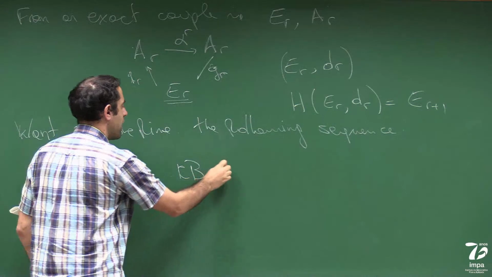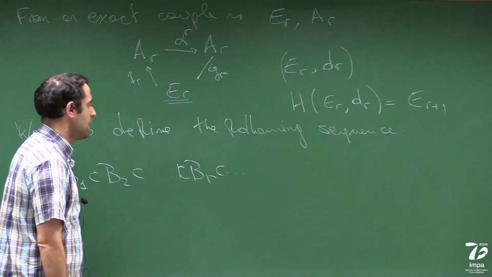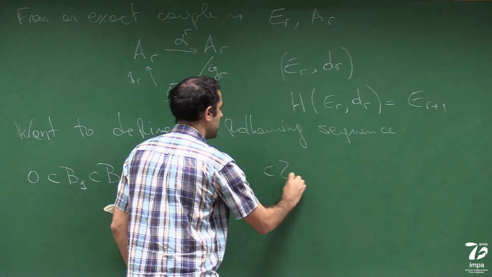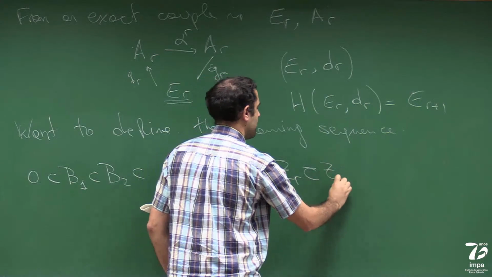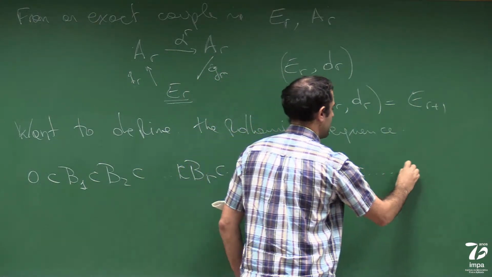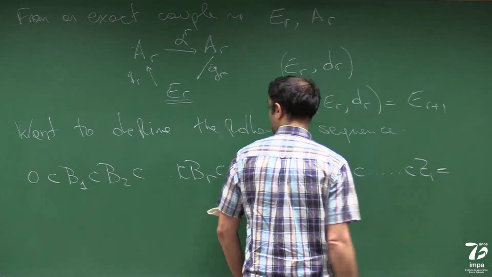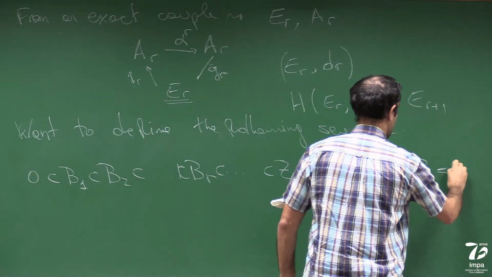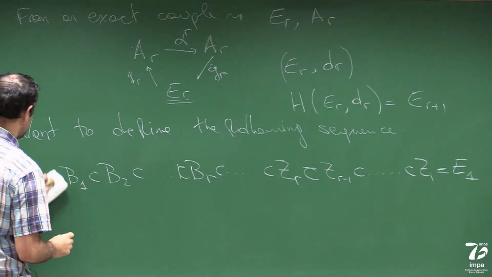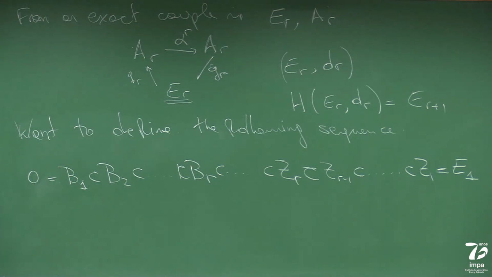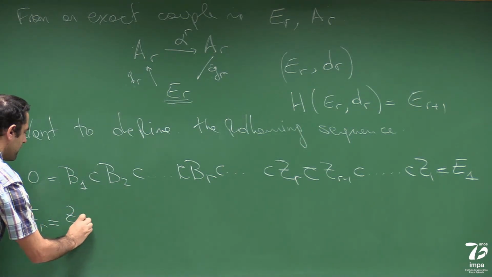It's included in B^r, and this increases. And then these are included in Z^r, which is included in Z^{r-1}, which is included in Z^1, and this is the whole of E_1. Because I could start with this being equal to 0 as well, in such a way that E_r is equal to Z^r divided by B^r.